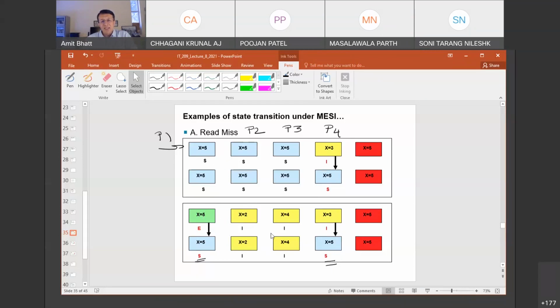Once main memory also has the most current value along with only one of the group of processors, then this block gets the exclusive flag E. When P4 sees that one of the blocks has the E flag and it has I, it will go to main memory and bring in the latest value. As soon as it does that, the flag of this block changes from E to S, because now more than one processor has the current block.